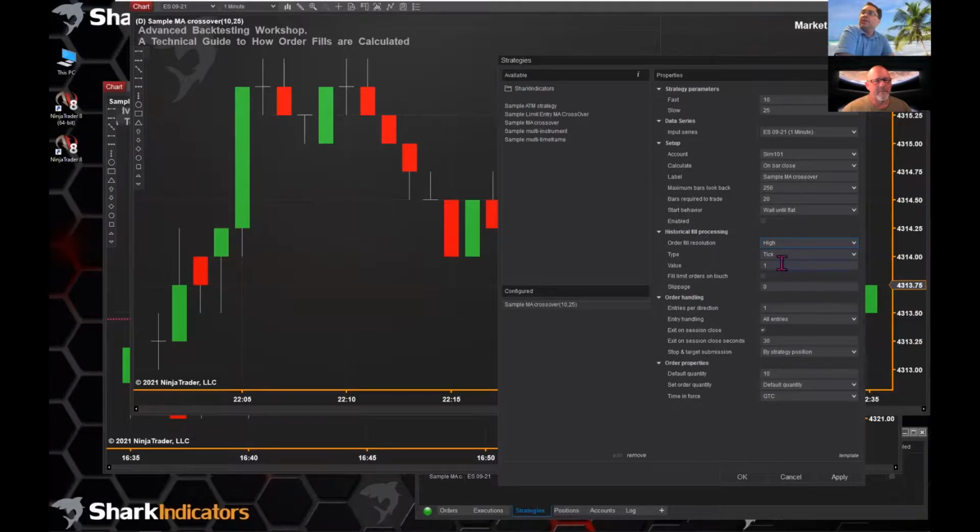Again, if you're using a 1-tick data series there, or maybe something like a 10-second resolution might give you that same information, and that'll speed up the back testing as well.